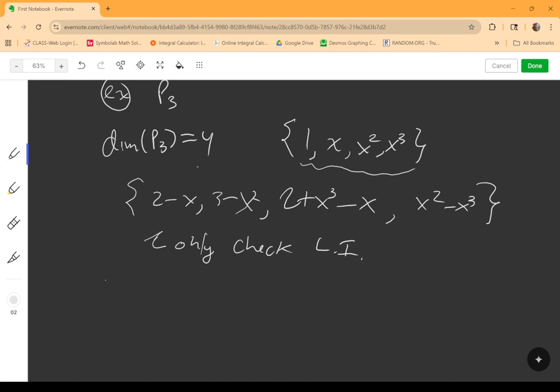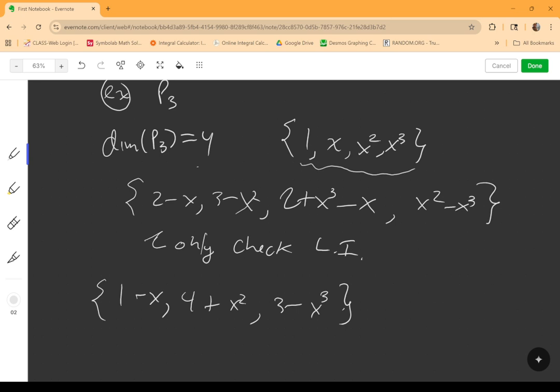Now, if the set was, let's say this set, 1 minus x, 4 plus x squared, 4 minus x cubed, then this is not enough vectors.